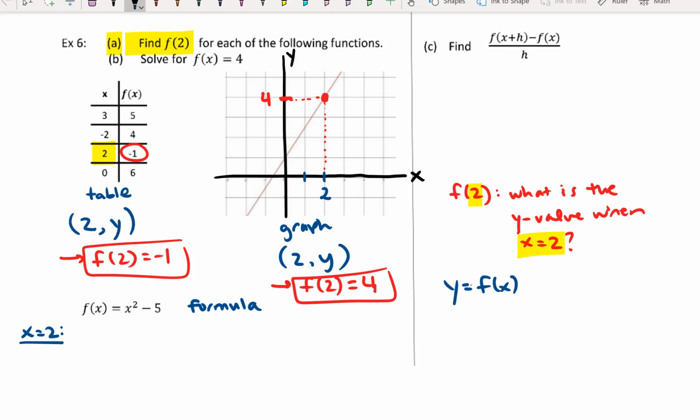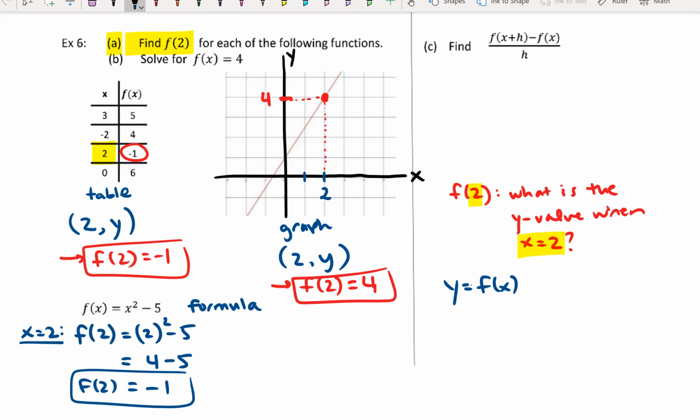Okay, so when x equals 2, we're replacing x with 2 in both cases. So we'll use the order of operations to help ourselves compute the value. 2 squared is equal to 4. And then we subtract off 5, we will get f of 2, in this case, is equal to -1.